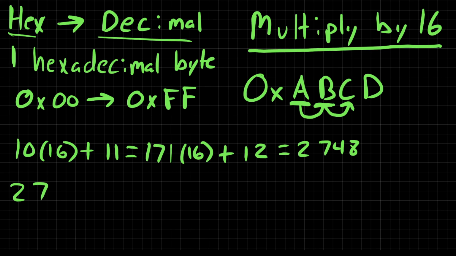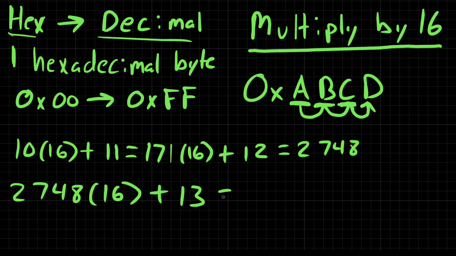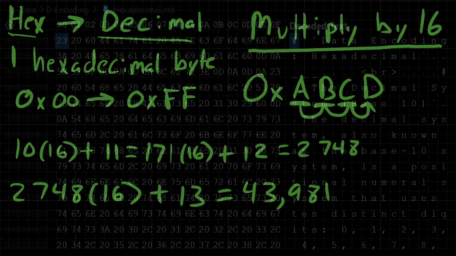We're going to multiply 2,748 by 16 and add the next place. So we're sitting here at C. We're going to add the next place, which is D, and that is going to be 13. If we do this correctly, what we end up with is the number 43,981.